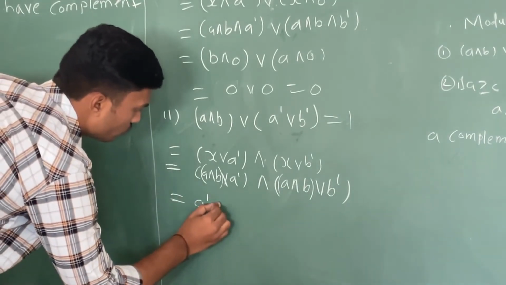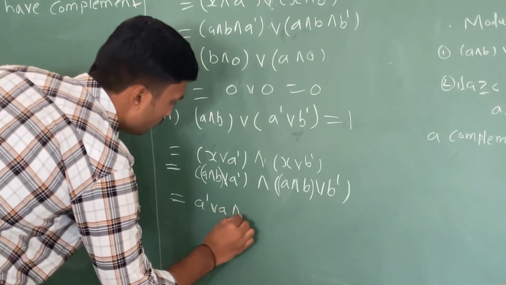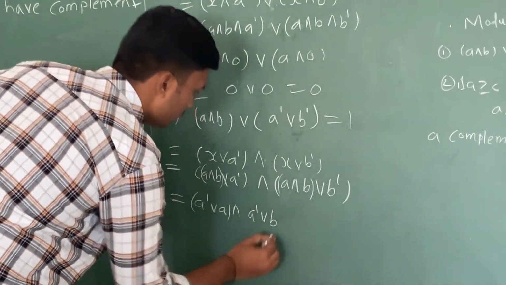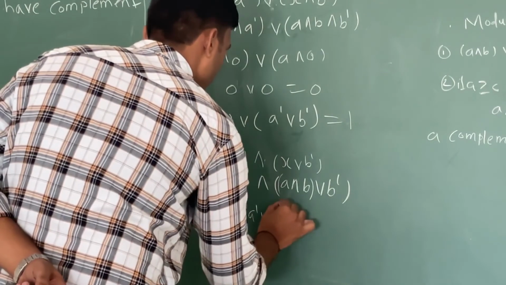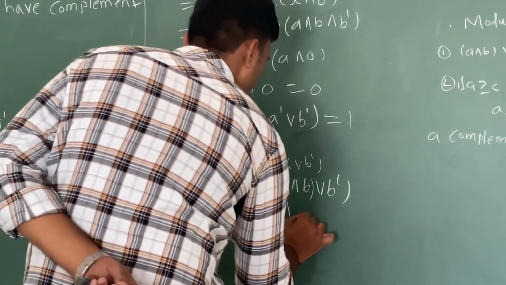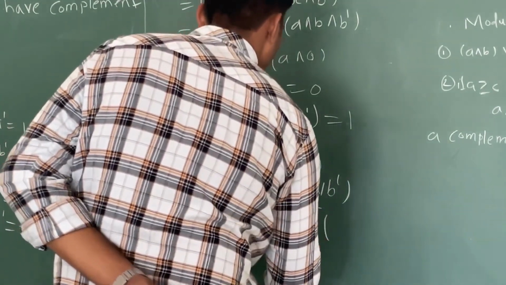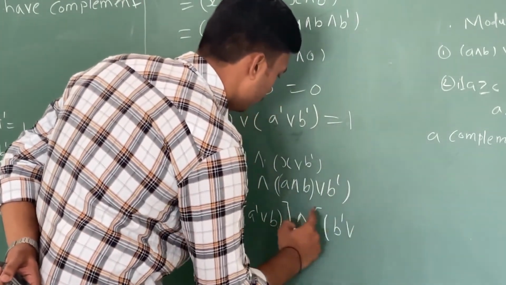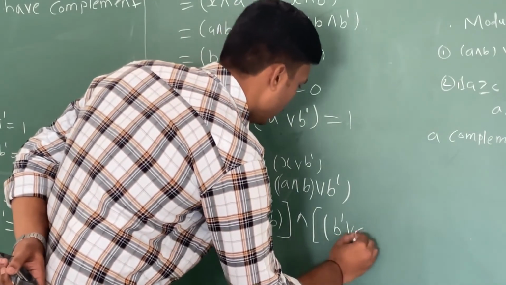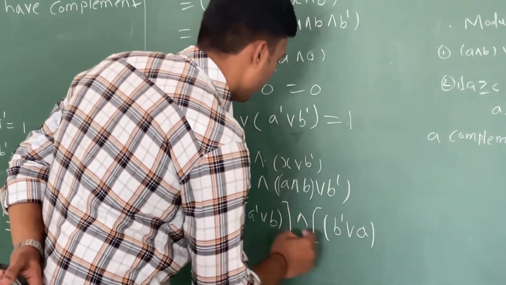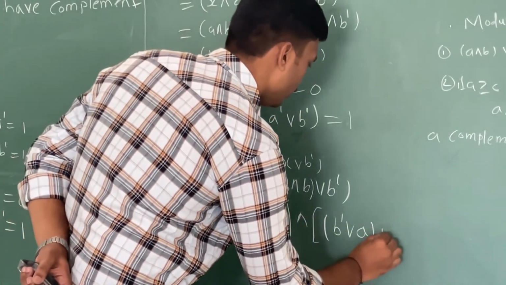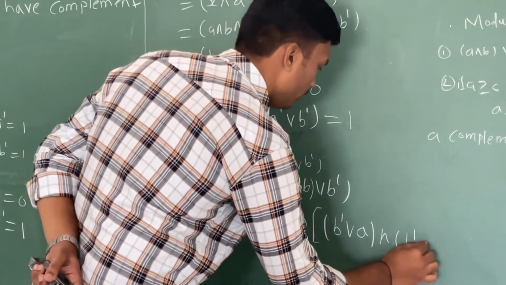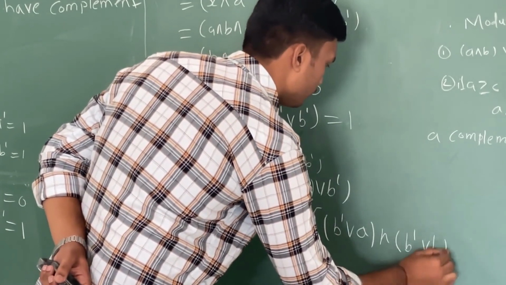A dash join A meet with A dash join with B. B dash join with A meet with B dash, join with B.